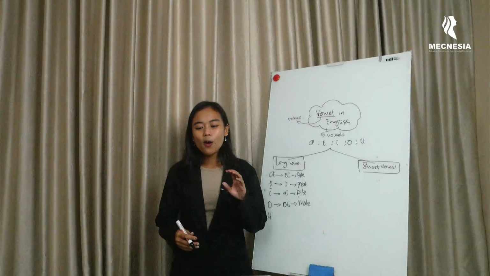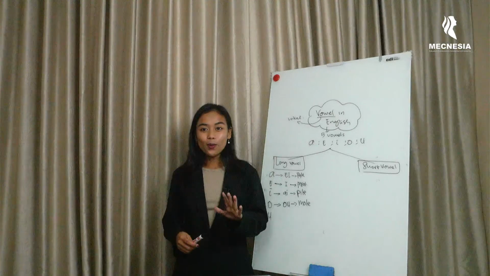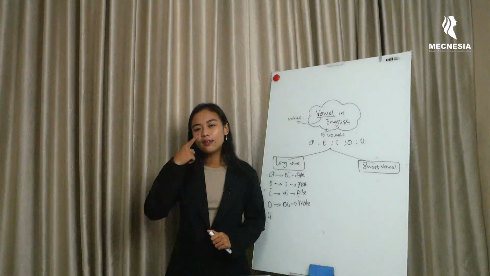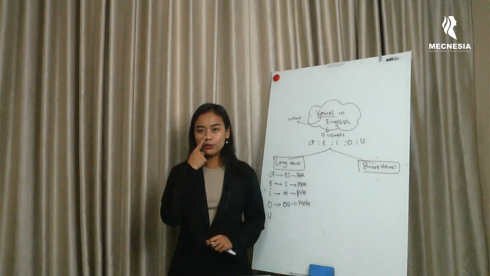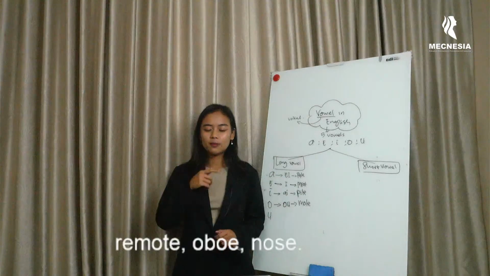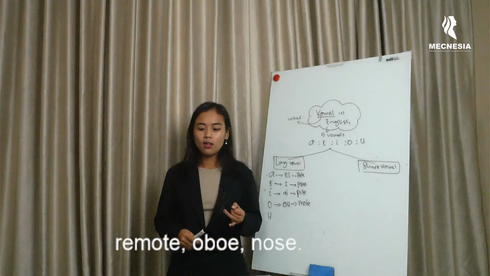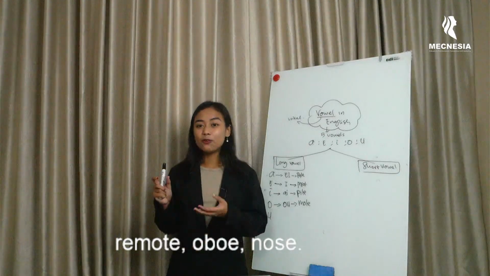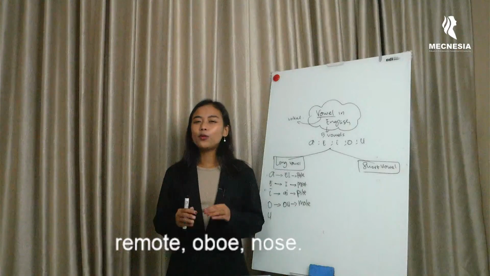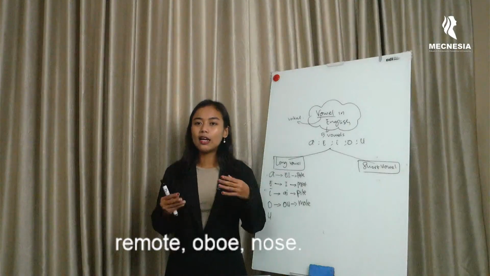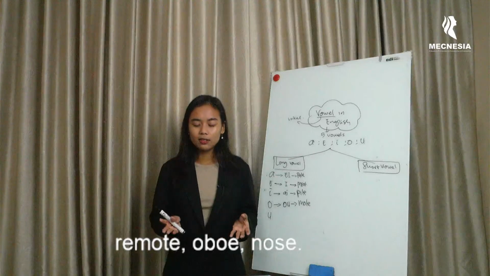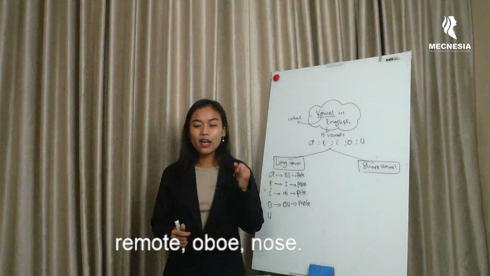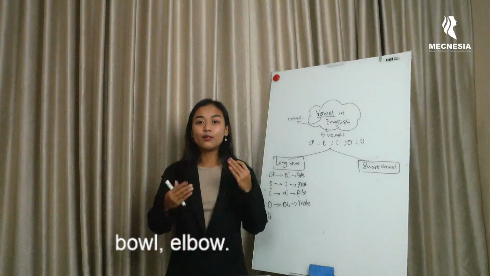Next, in the word oboe. Next, in the word nose. So we have remote, oboe, and nose. Remote is remote. Oboe is an instrument. Oboe itu adalah instrumen musik sejenis suling seperti klarinet. And nose is hidung.